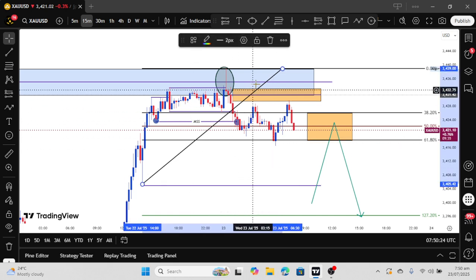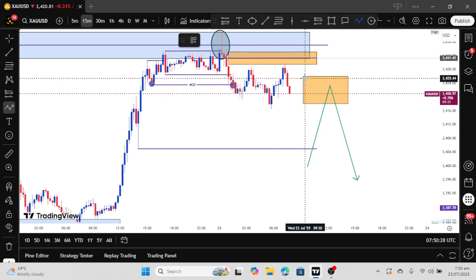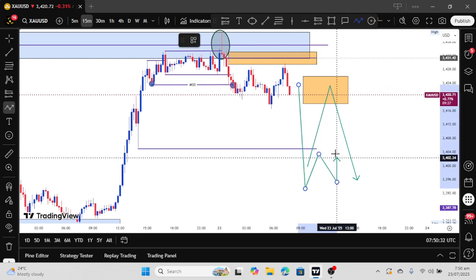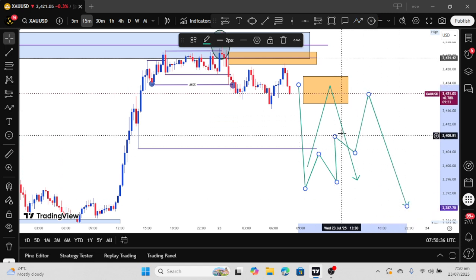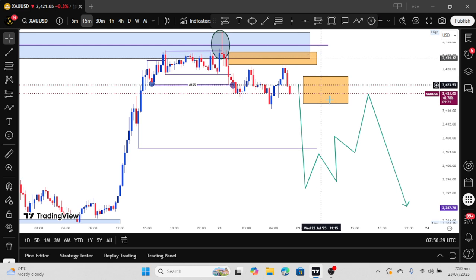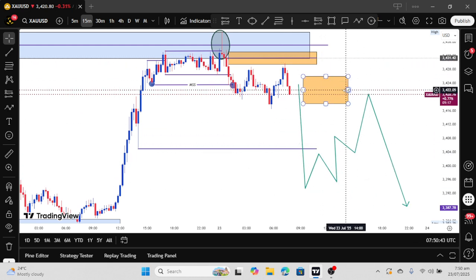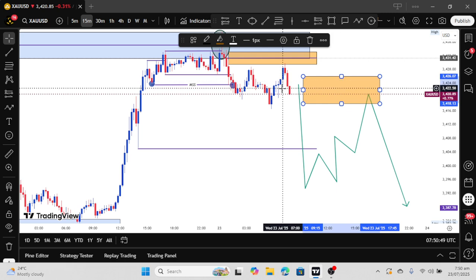I hope you understand this. So if this should break and you tap in here again, then we are getting a good sell. Hope you get what I'm saying. This is what we'll be waiting for, because for now I cannot enter this trade.